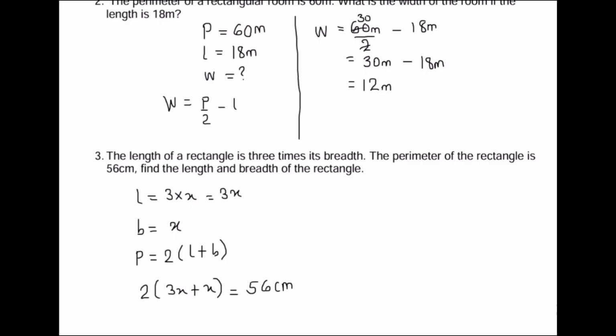So let's resolve the one in the bracket first. 2 into bracket 3x plus x, that is giving us 4x already, equals 56 centimeters. So let's move to the other side.